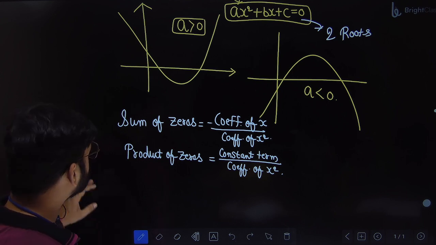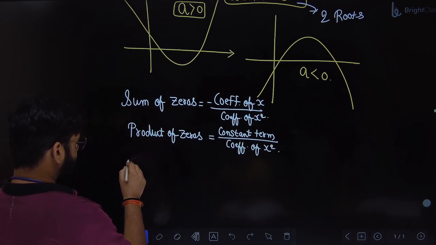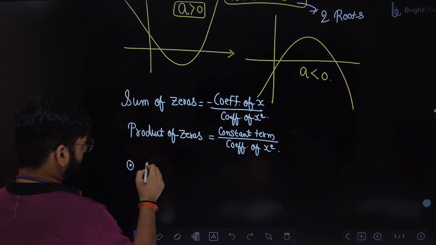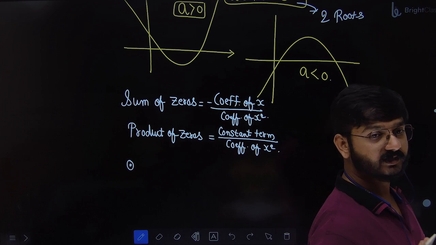How to write a quadratic equation if the sum of the roots and the product of roots is given to us?